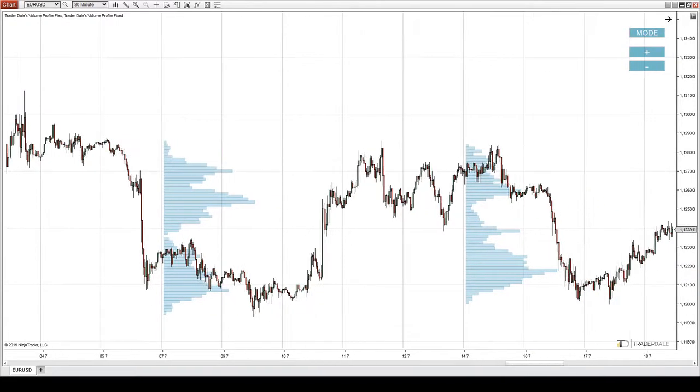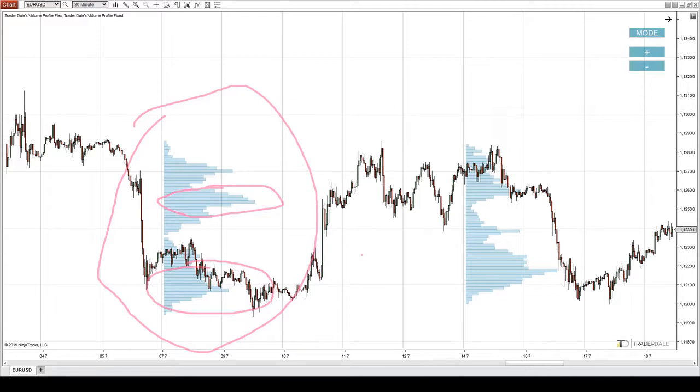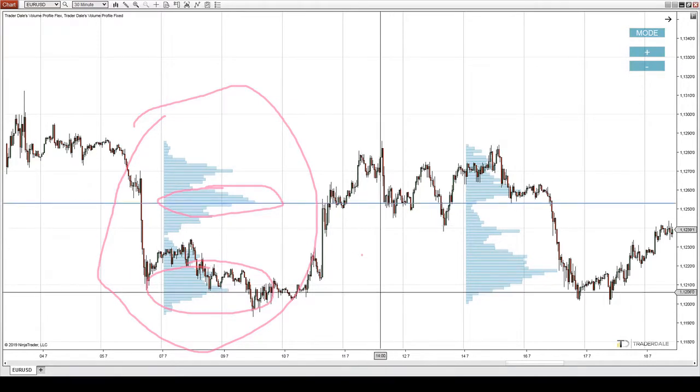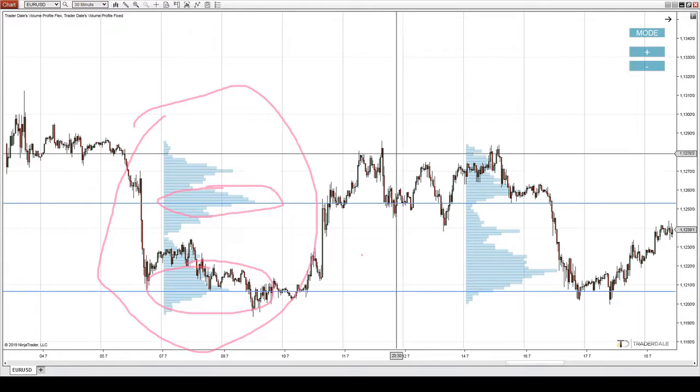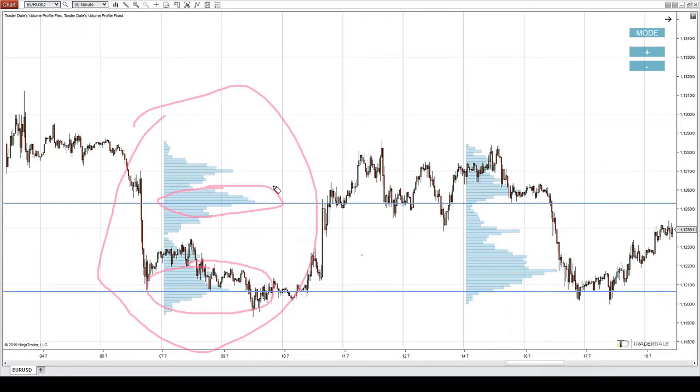Now in here, there is a double distribution weekly profile, two significant zones. Let me mark them. The first one would be in here, second would be in here. I don't really see any intraday trading setups in there, but let's just have a look at the reactions to those levels. The first one, this is the first reaction.